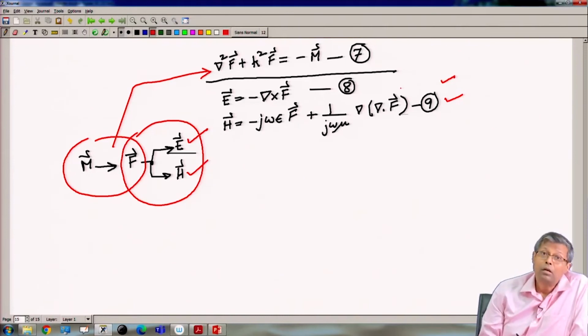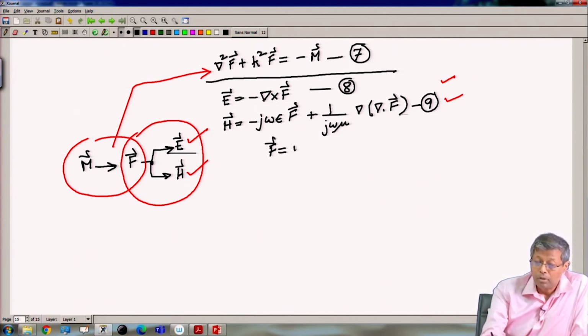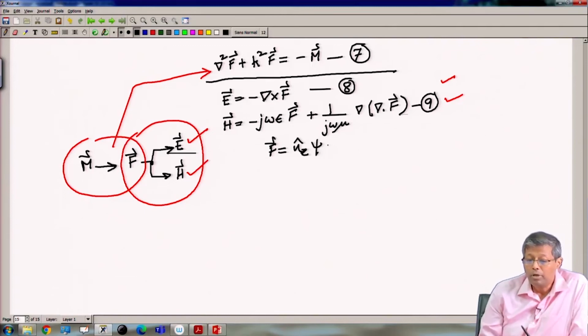In addition, if we choose, for instance, F is equal to u z psi, we can easily find out the fields from these two equations, the electric and magnetic fields, by substituting F equal to u z psi.